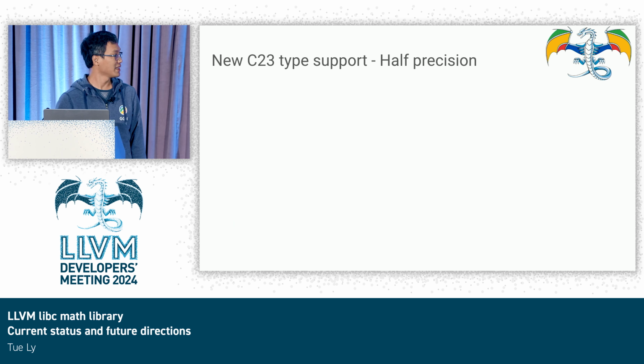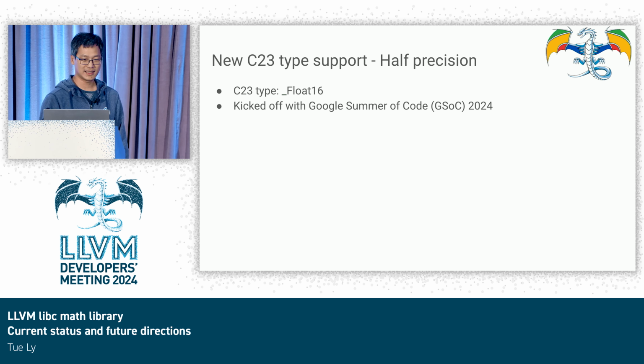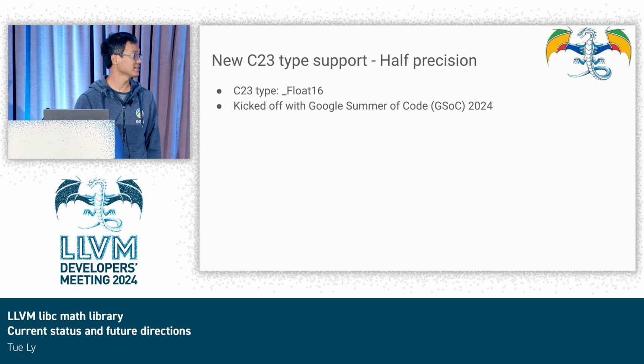All right, so let me go a little bit into detail about the C23 type support for high precisions. This is the name specified by the C standard. And this was kicked off with the Google Summer of Code project that we're lucky to have this summer.